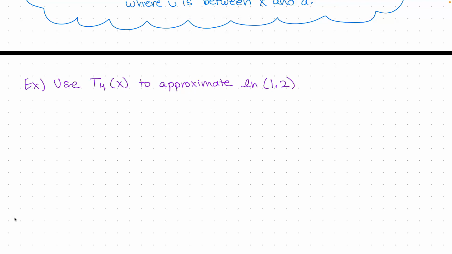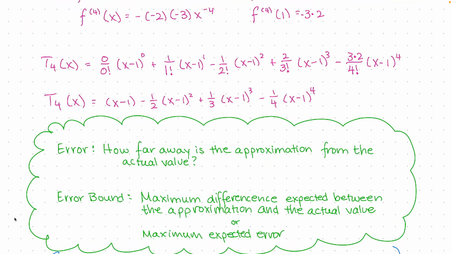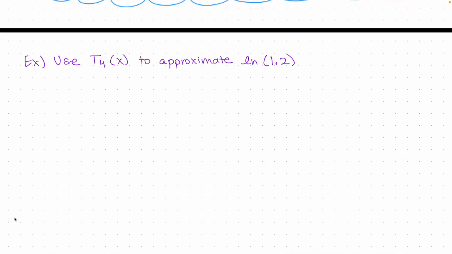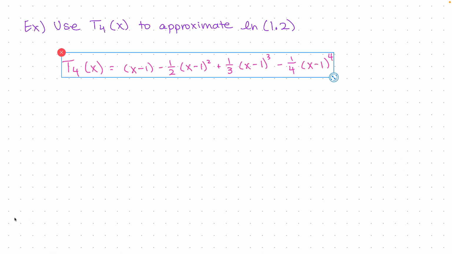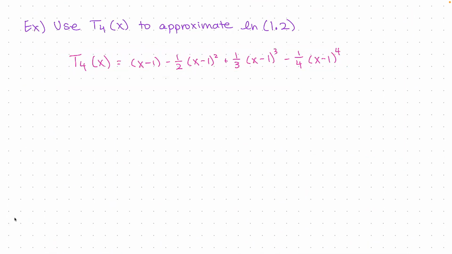And actually, we have the 4th degree Taylor polynomial for natural log of x. We just found that in a previous problem. So I'm going to do a little cut and paste here. Snag this guy. Let's put it down here. So we just found that above.